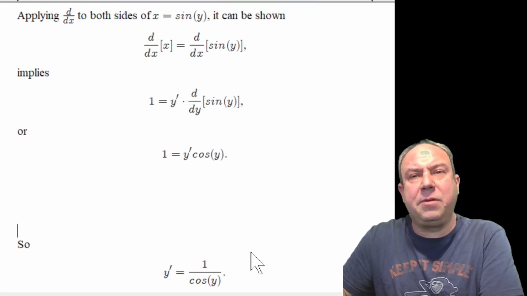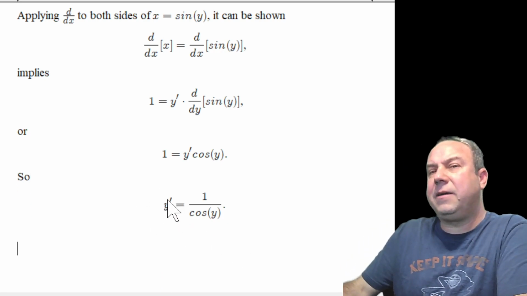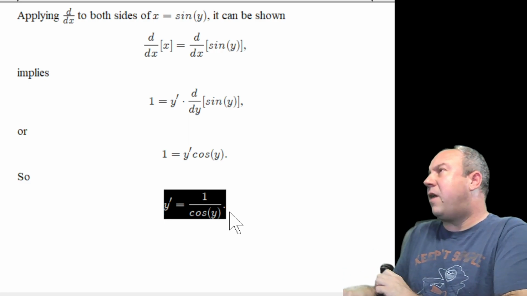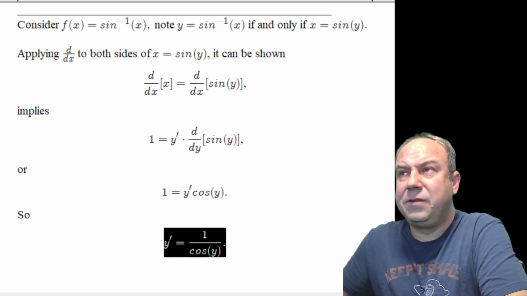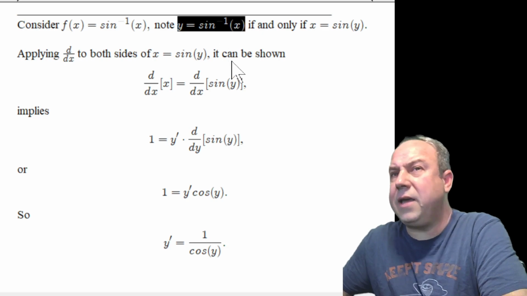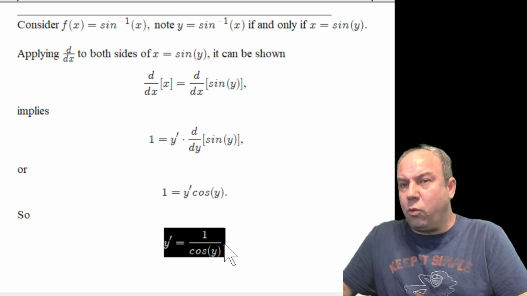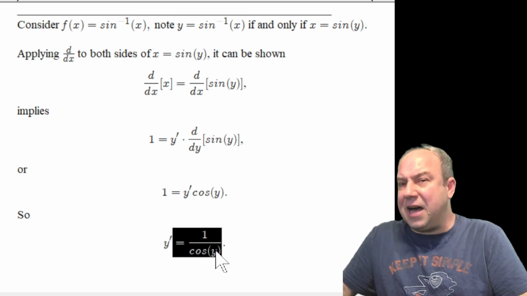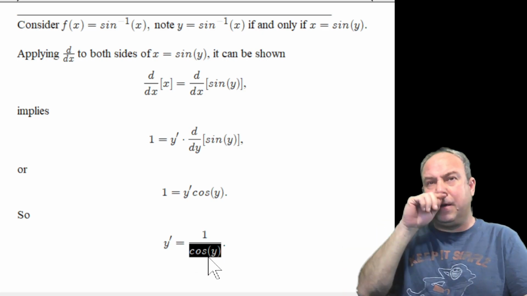And we end up being able to say that y prime is equal to 1 over the cosine of y, right? In the case of our inverse trigonometric function, the derivative for y equal to the inverse sine function is equal to 1 over the cosine of y, in the context of y and the cosine of y.